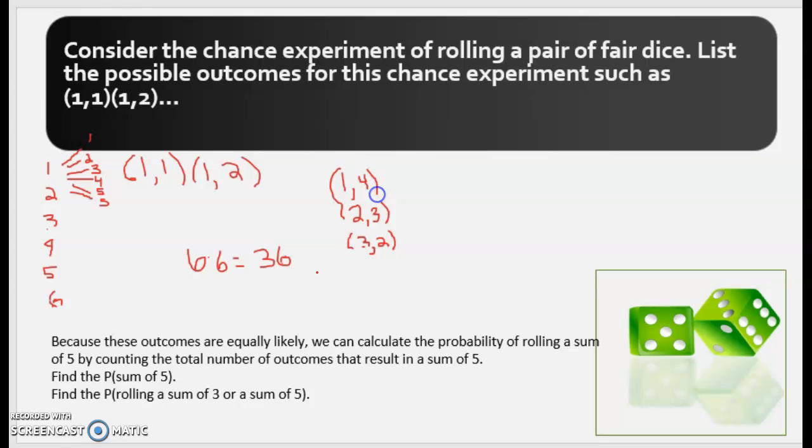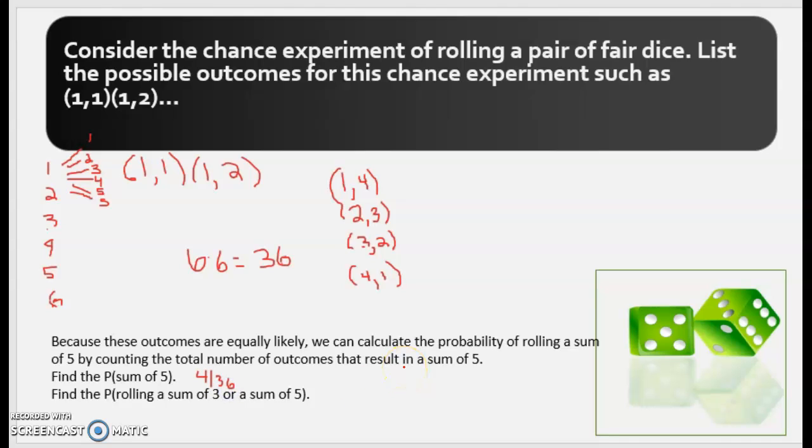I know that a 4 and a 1 are going to give me a sum of 5. And those are really it. When I get to 5 and 6, obviously there's not a 0 die, and 6 is bigger than 5. So the possible outcomes for me to get a sum of 5 are going to be 4 possibilities out of 36.